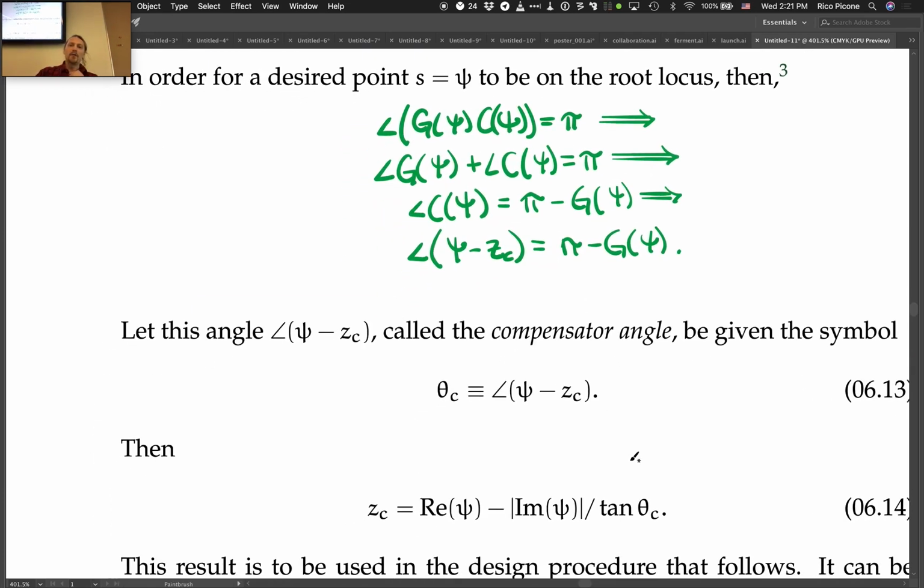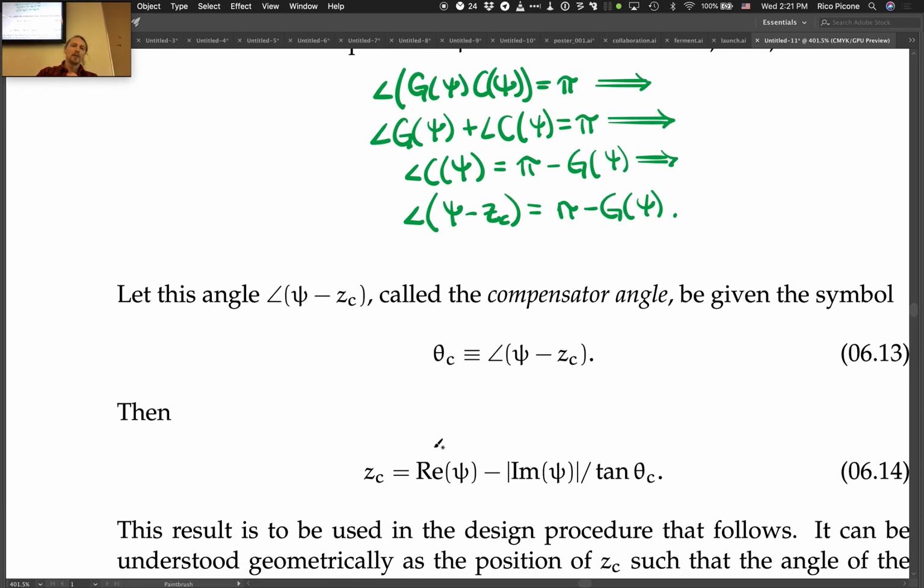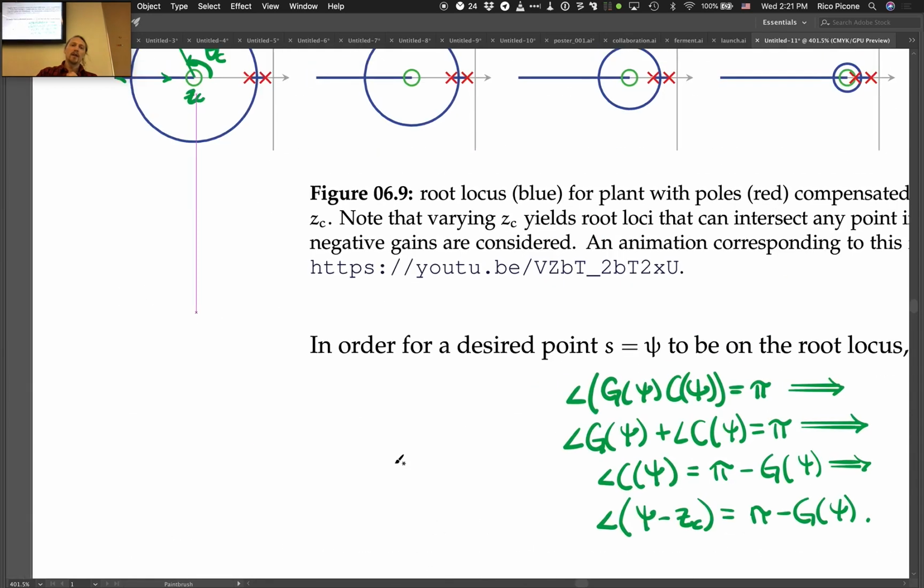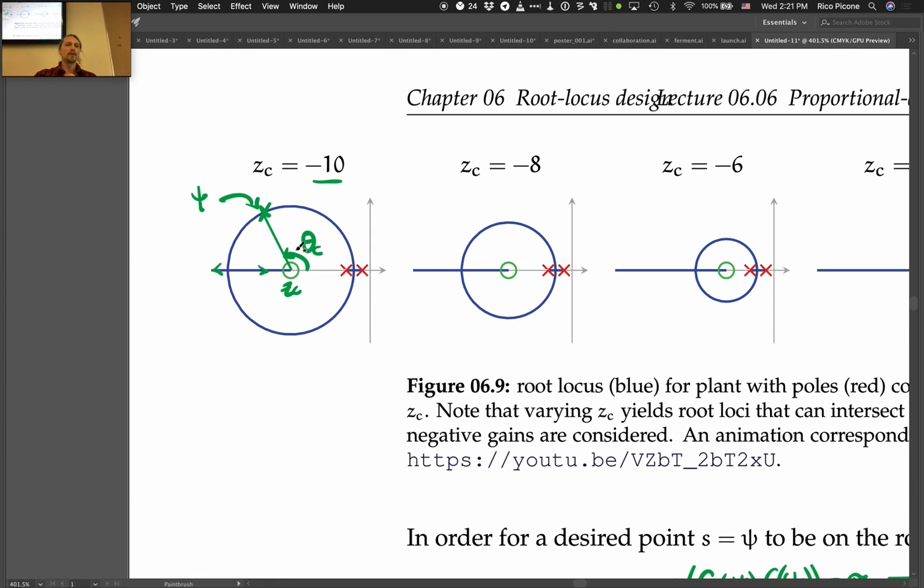And if you do the little bit of trigonometry required, it's very simple trigonometry, to figure out what ZC must be in order for it to contribute this angle, theta C. It's pretty straightforward.